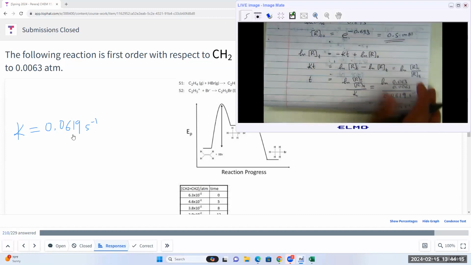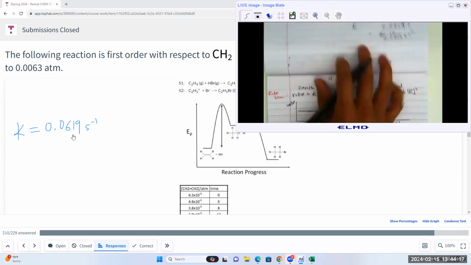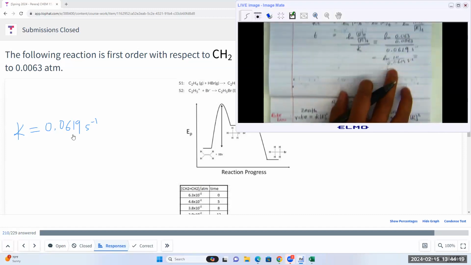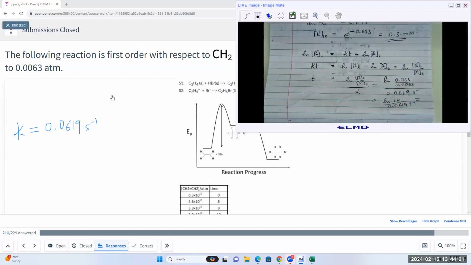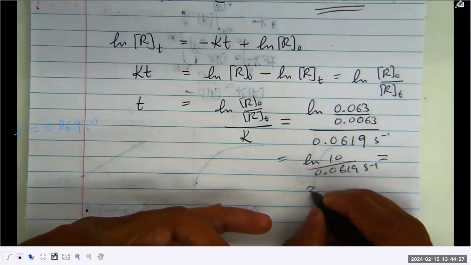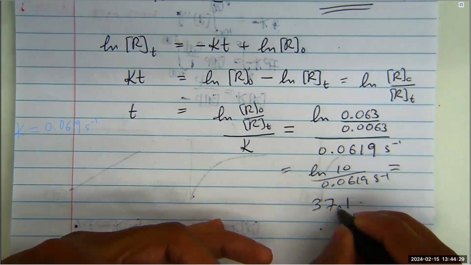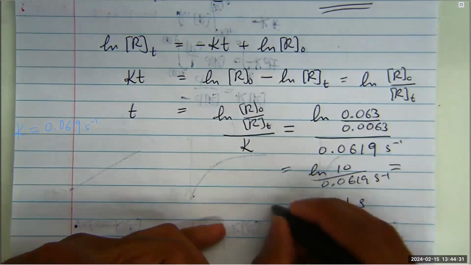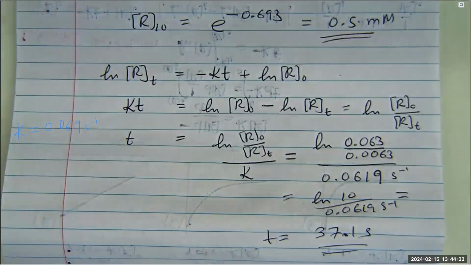Okay, what do you get? Anybody? Can somebody do this and let me know? 37.1. Okay, so if you do that, you're gonna get 37.1 as your answer. That's how we got that value.